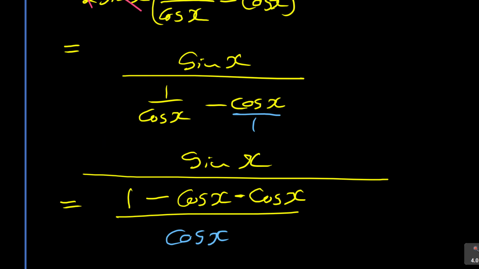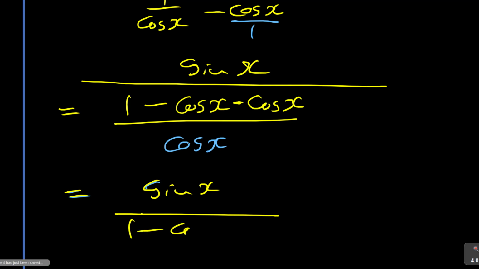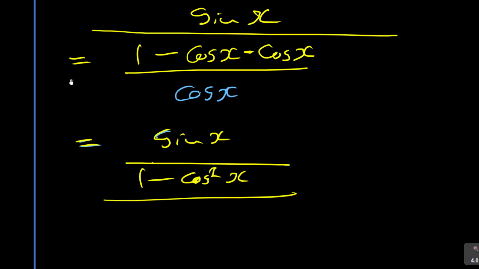Alright, from here, that's what I was saying. From here you can move on and say equal to sine x over cos x, which is 1 minus cos squared x, and then all over cos x. Are you seeing that?